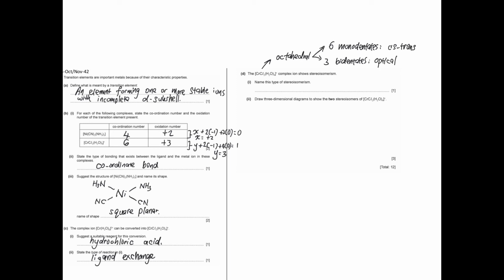You have to break it down to 4 and 2, the 4 H2O and the 2 chlorine. From here you will understand that besides square planar, 6 monodentates also form cis trans. 3 bidentate form optical, so you need to memorize a bit. So cis trans isomerism.